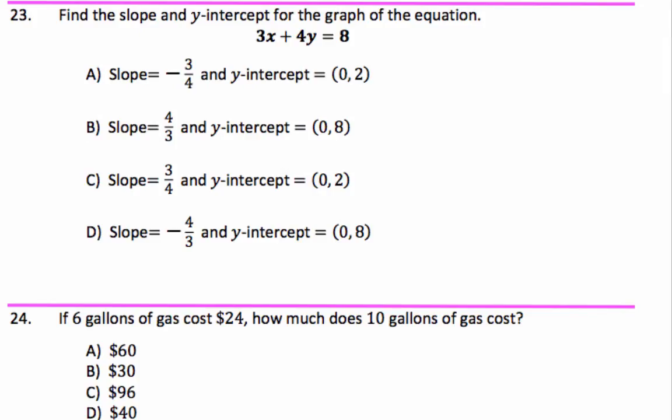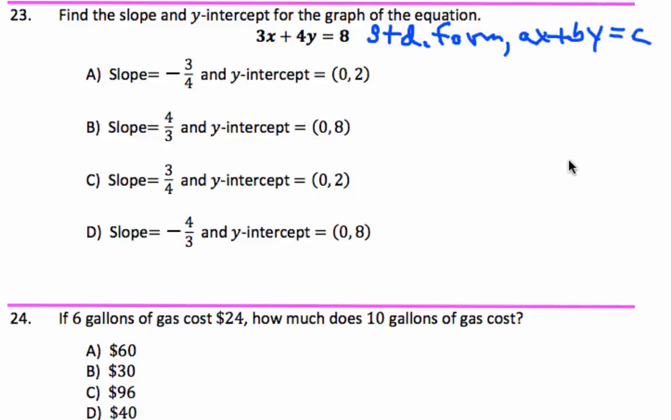In question number 23, you're asked to find the slope and y-intercept of the given equation. The problem is, as things stand right now, this is the standard form of a line, ax plus by equals c.